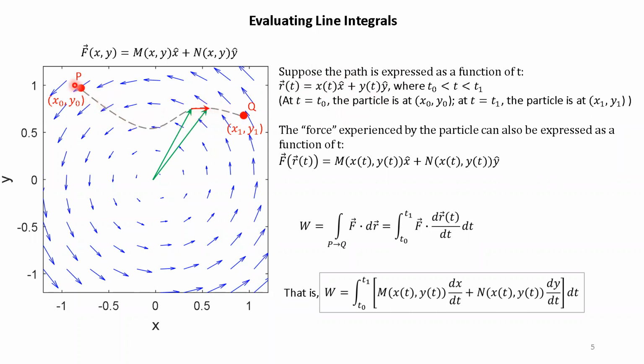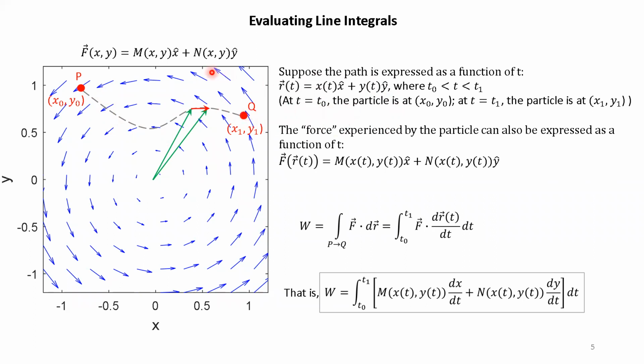I'll talk about some specific types of paths later. But here, let's say I have these two functions. Imagine that at t equals t0, the position of the particle is here, and at t equals t1, the particle is at this x1, y1.